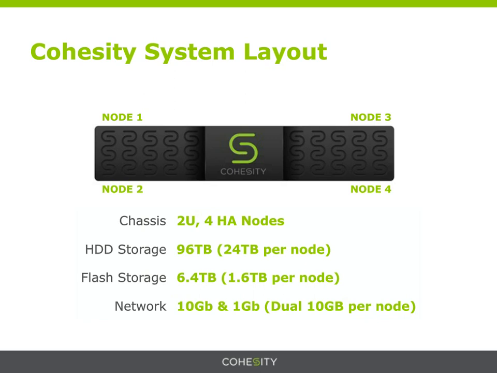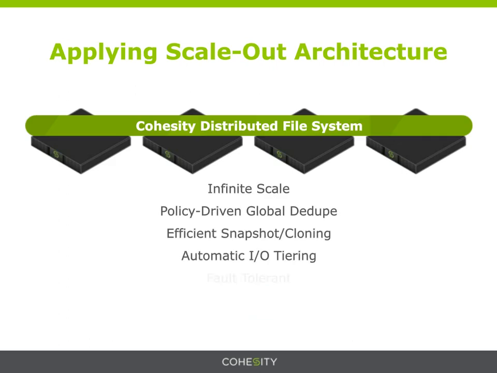Where it gets really special is the Cohesity distributed file system. This is the platform that we are building. It's a brand new file system created from the ground up to solve exactly the problem we've been talking about previously. Truly infinite scale, and policy-driven global deduplication that is user-defined. You can set it as either inline or post-process based on what that workload is doing. We've got true zero-space efficient snapshotting and cloning, a new patented and trademarked way to handle that.